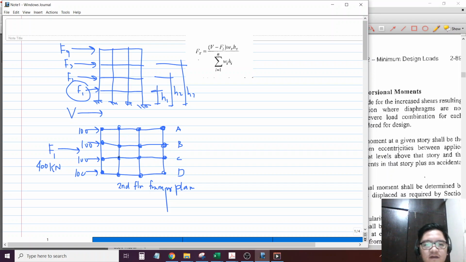Then, you will do that process all the way to the roof. Ngayon extract ko tong frame D.